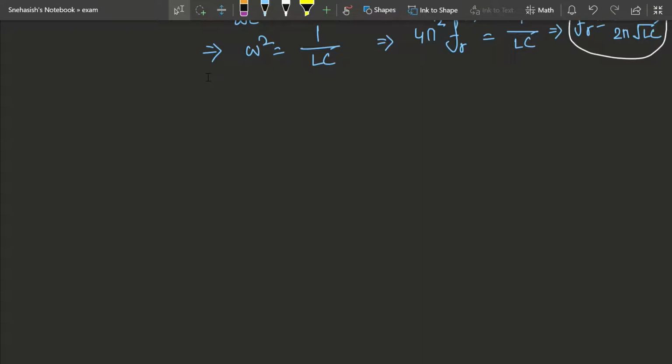Now let's see the effects of series resonance. Okay, that means the effects. So the first thing is the current will be maximum.